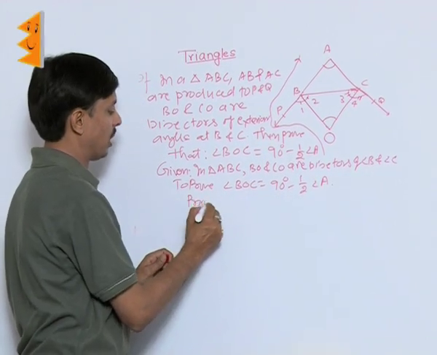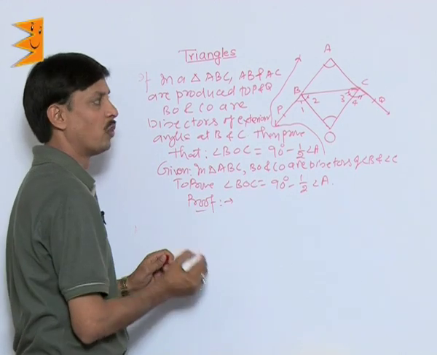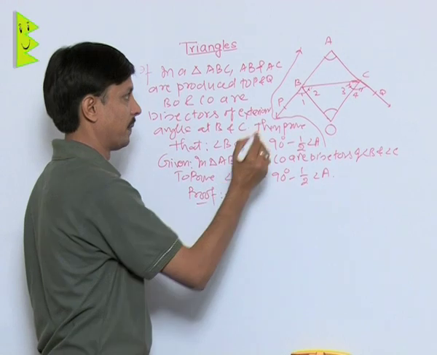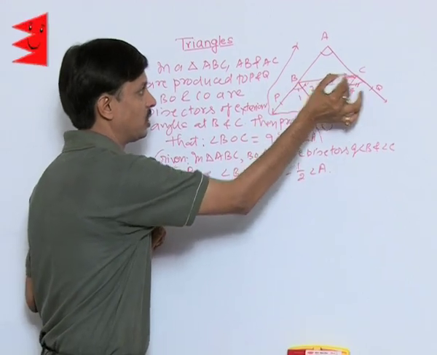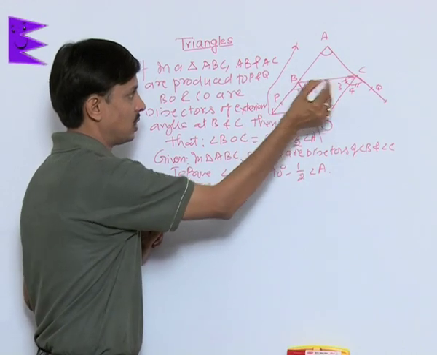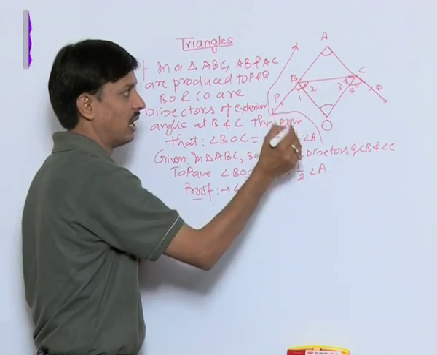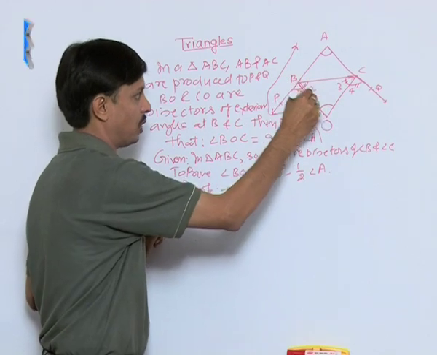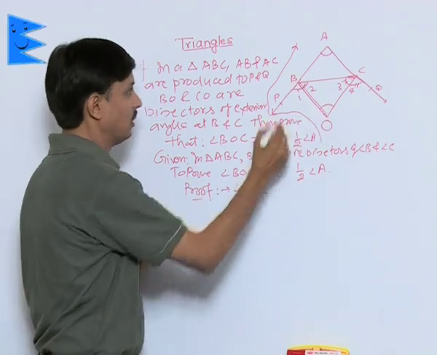To prove it, I am taking the proof. The proof is with the help of the exterior angle property. The exterior angle is CBP. Angle CBP is a clear-cut exterior angle, which is the sum of 1 and 2, and 1 and 2 are equal because BO is the bisector.